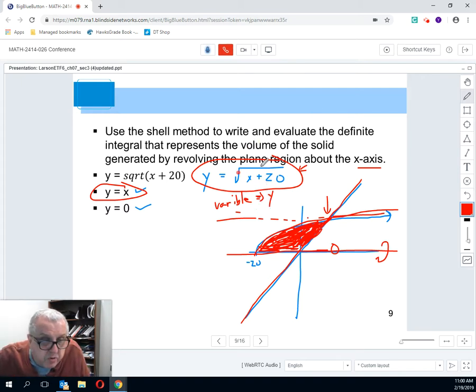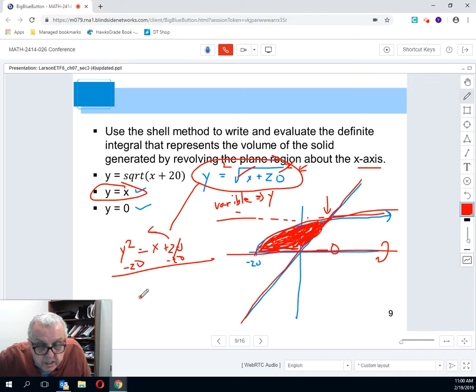So I'm going to square both sides. And I get y squared equals x plus 20. Do you see, if I square a square root, they cancel. Then I'm going to take the 20 to the other side, minus 20, minus 20. And I get y squared minus 20 equals x. So now this is my function.